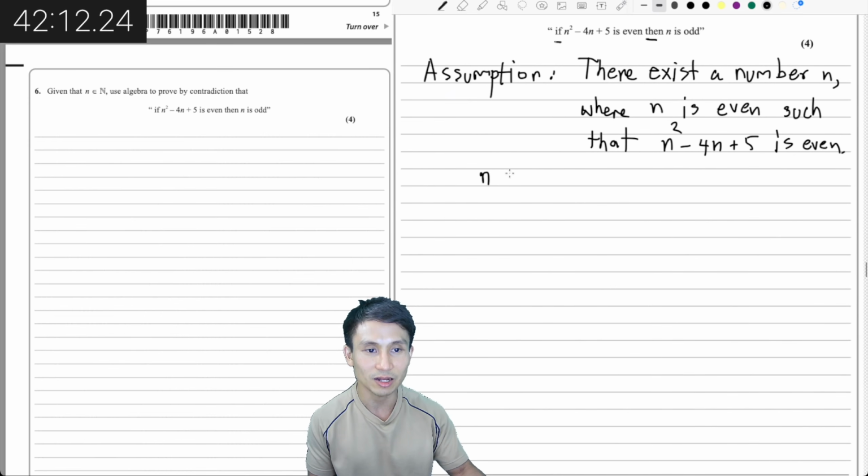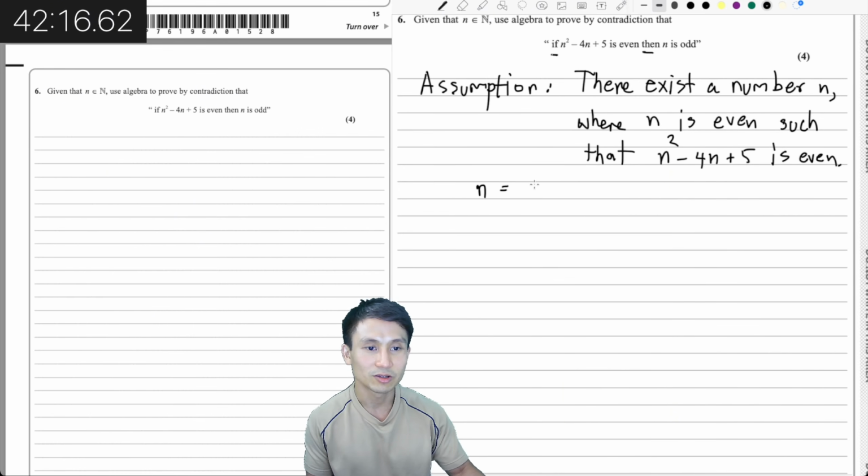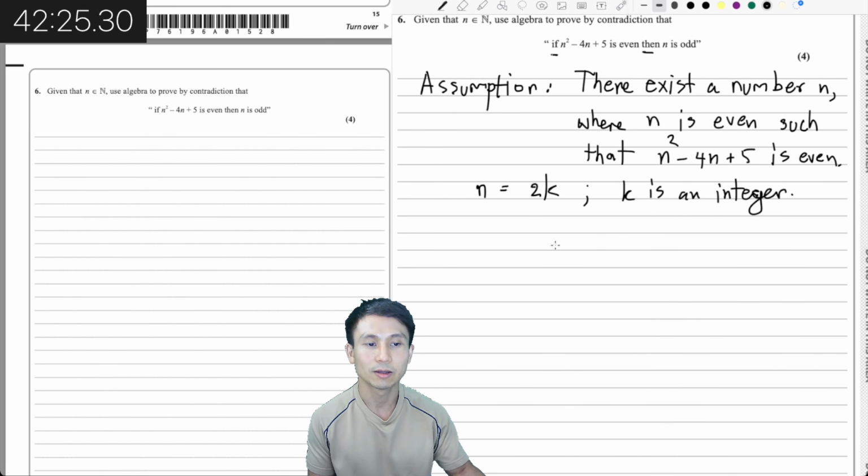So we assume first that n is even, then that whole thing will also be even. Because n is even, now we have a start on the proof part. So n is even, so we can write n equals 2k, where k is an integer, yeah? Okay, so we start with that. And then we're going to do the whole thing.